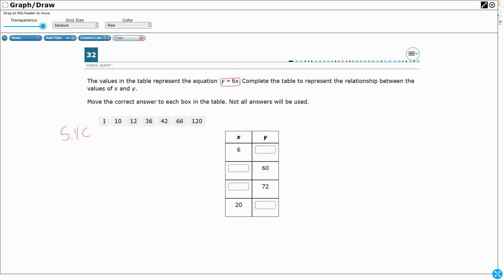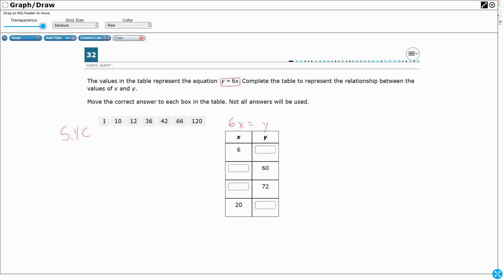I want to use this table since they've already given it to me. Y equals 6x, which means I can flip it around, right? I can say 6x equals y. So I could take each term and flip it around so it faces the same direction as my table.